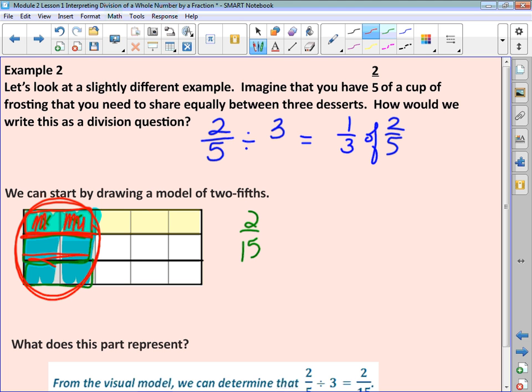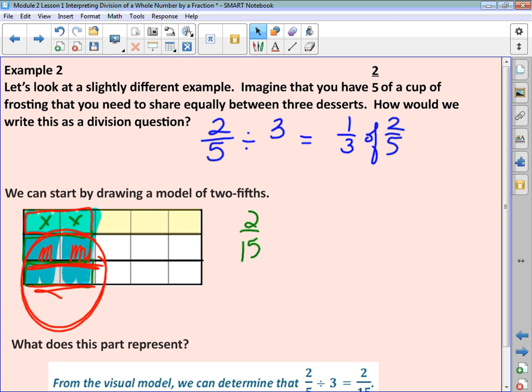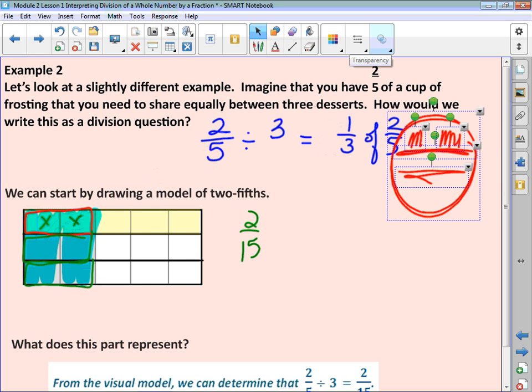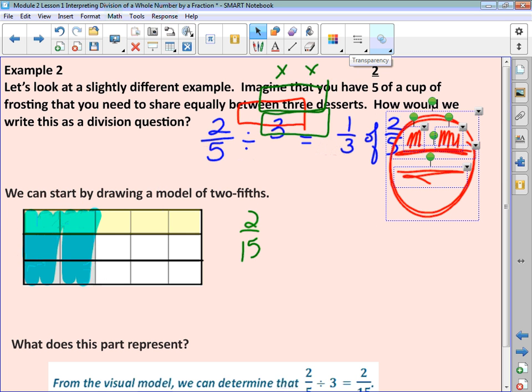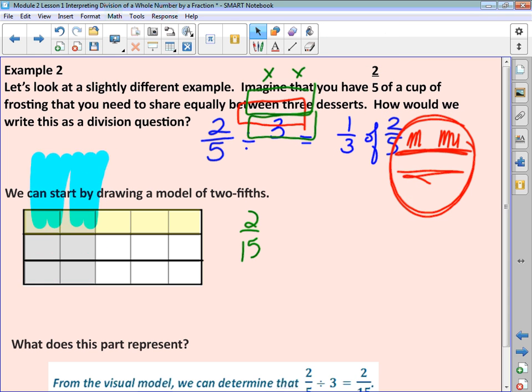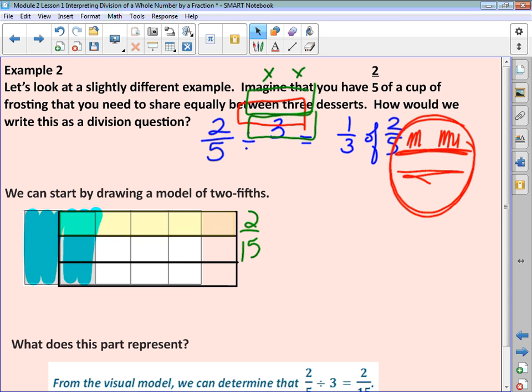Even though we're only looking at the shaded part, we have to do it to the whole picture. We can't just break up part of it and not break up the rest of it. Okay? How would those 2 boxes be a third? Because, see the 2 blue sections here? That's my 2/3. The yellow is my 1/3.